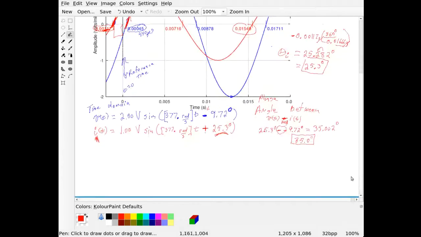All right, so the next thing that I want to discuss is phasor representation. If we have a sine wave, I'll just try to sketch a sine wave here very roughly.